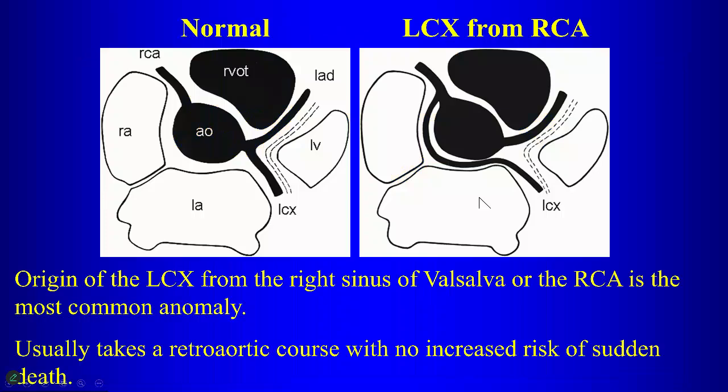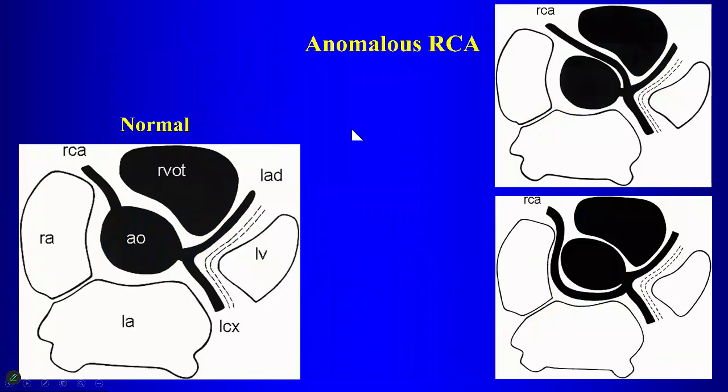So with aberrant coronary origins, the most common is to have the circumflex arising from the right coronary artery. Fortunately, most of these will take a retroaortic course, which is considered a benign course. That's the one clinically that you might see the most. So you want to recognize that if it is going behind the aorta, that is a benign course.